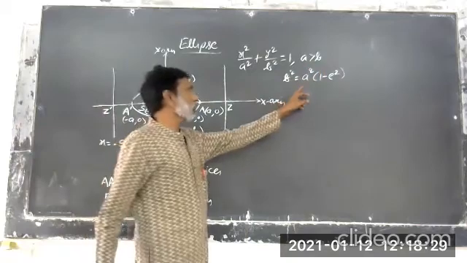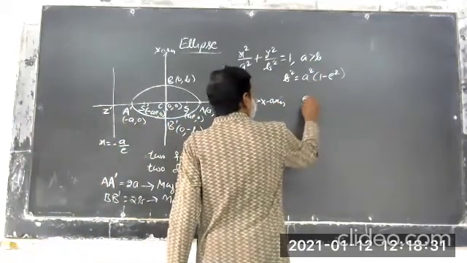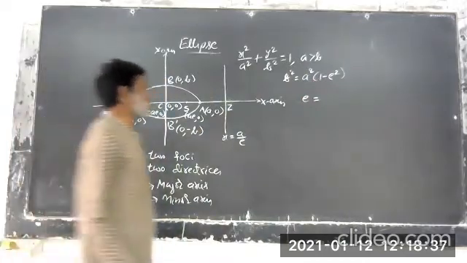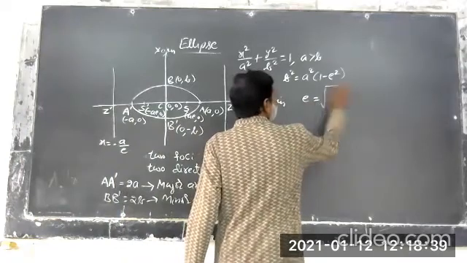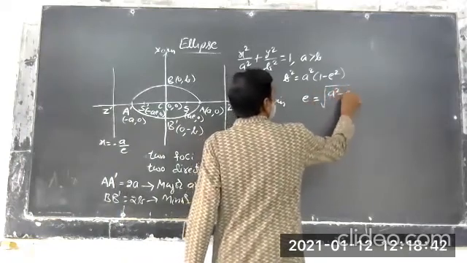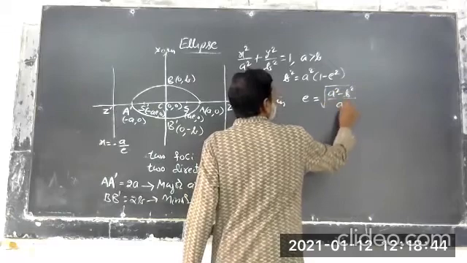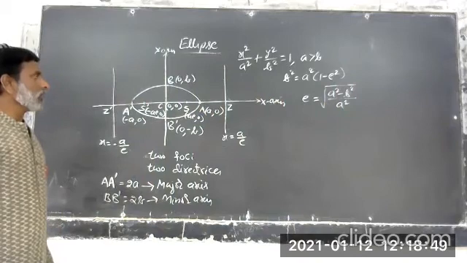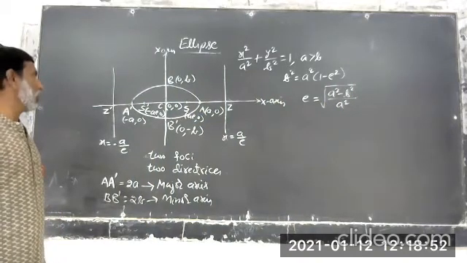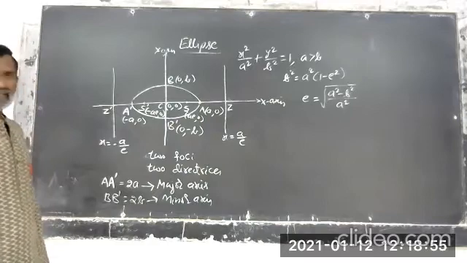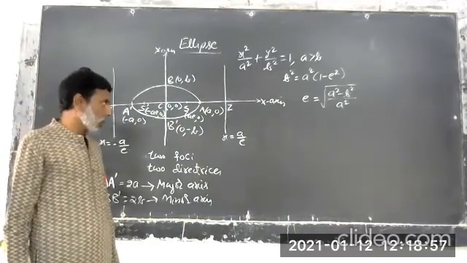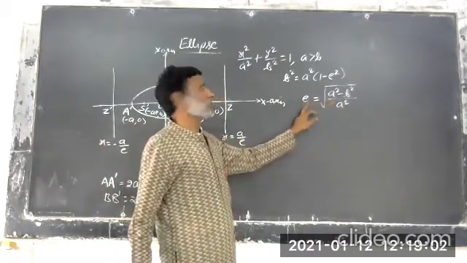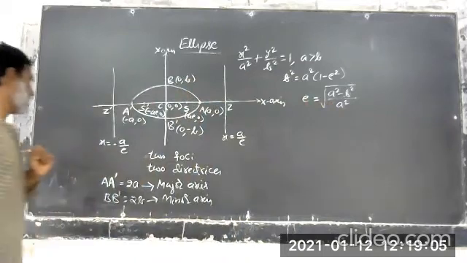From this, simplify this and write e value in terms of a and b. What will you get? e is equal to square root of (a square minus b square) upon a square. Which means if you know the values of a and b, or if the length of the major axis and the length of the minor axis are known, then we will be using this formula to find out the eccentricity of the ellipse.